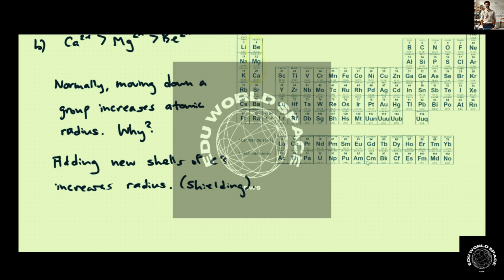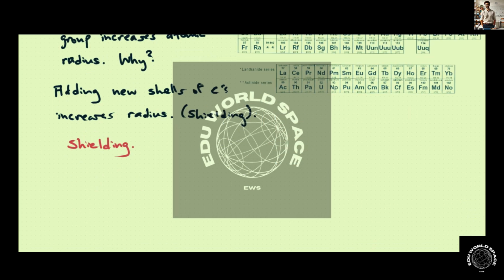So as you add more shells, that shielding effect becomes more and more relevant. If we were to sum up our answer in just one word, we could say shielding, and that would really summarize the gist of this.